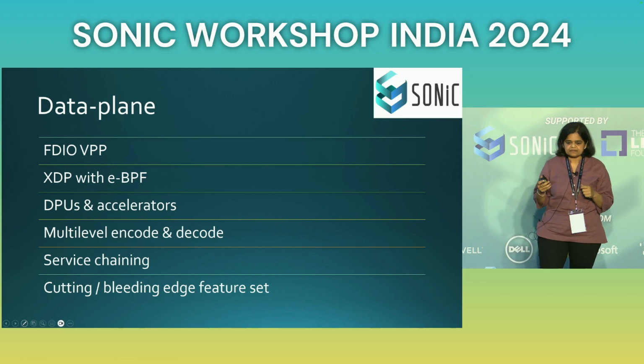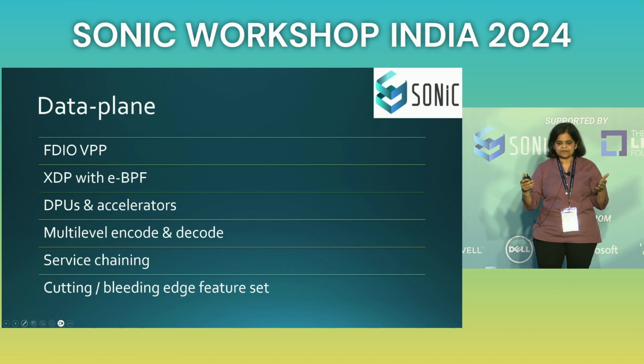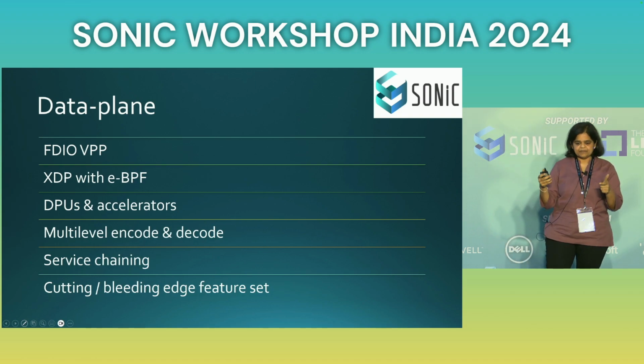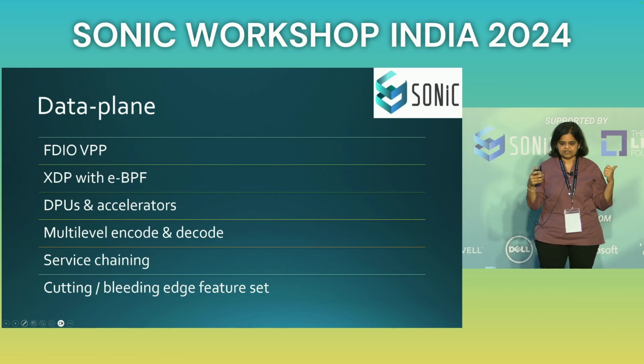So if we have to develop our own virtual cloud router, we need a data plane. We have a lot of choices. A data plane should do very high speed packet processing. One choice is FD.io VPP, which Mavenir as well uses, right?